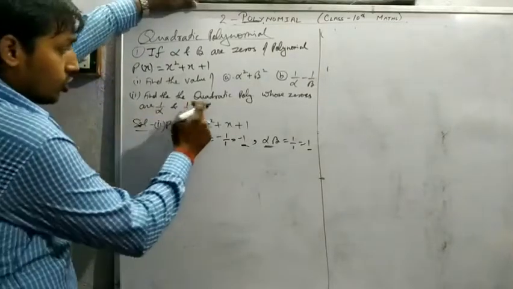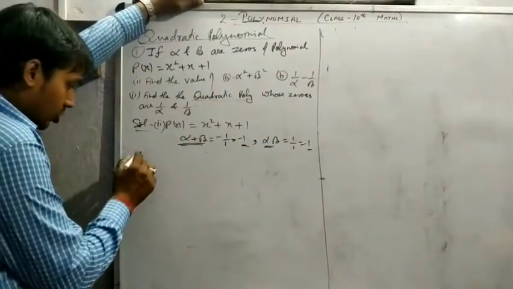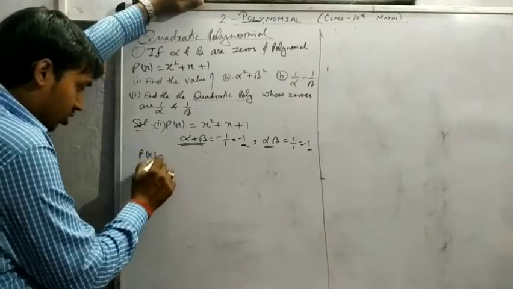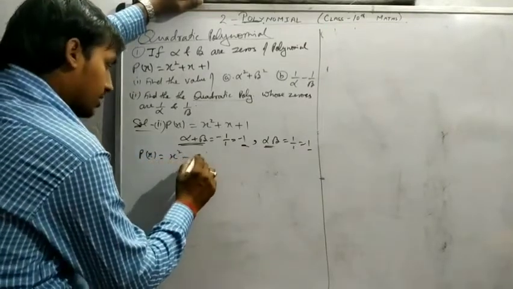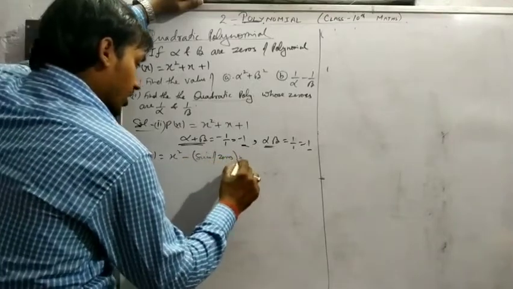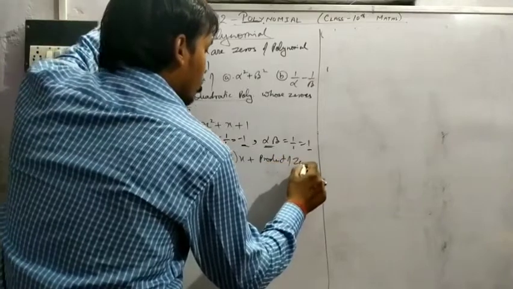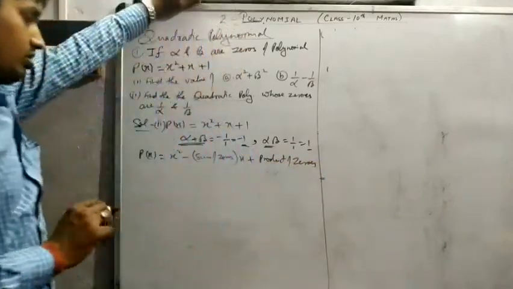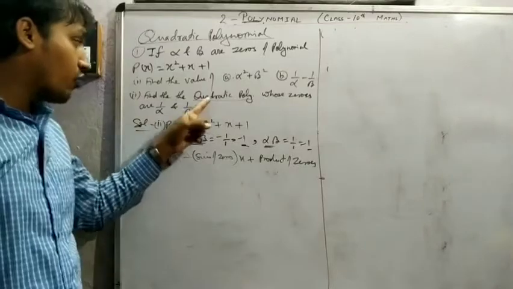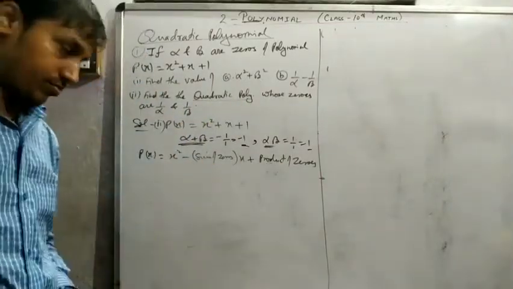Then, if you want a quadratic polynomial, the formula is p of x is equal to x square minus sum of zeros into x plus product of zeros. So we want to find the quadratic polynomial. First you find the value of sum of zeros and product of zeros.